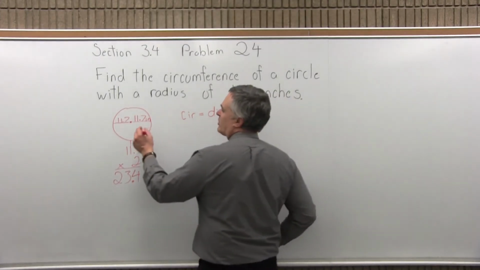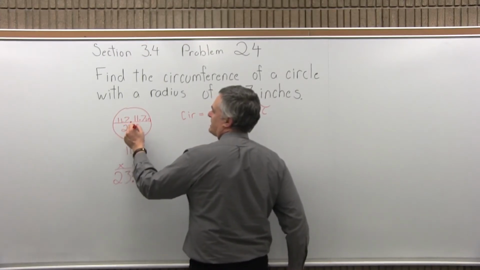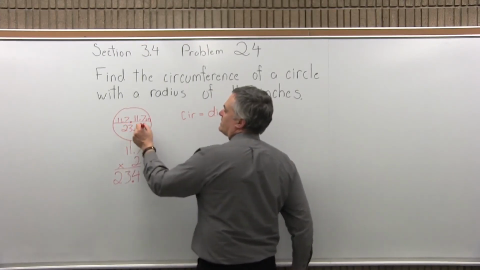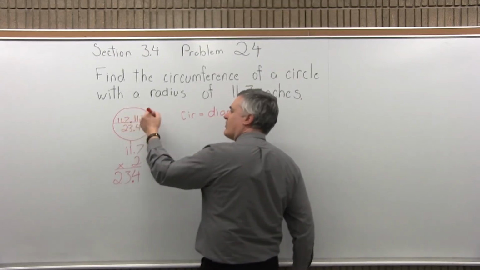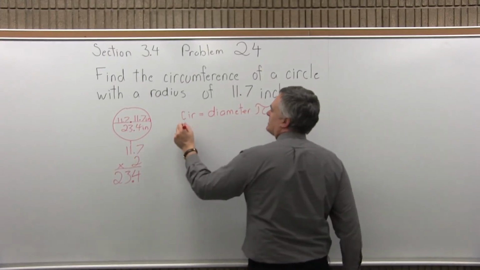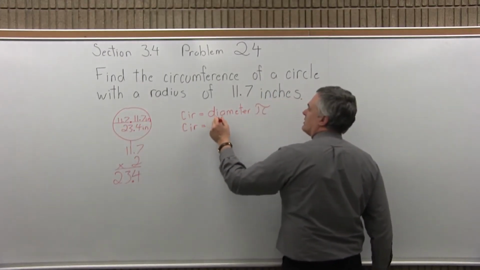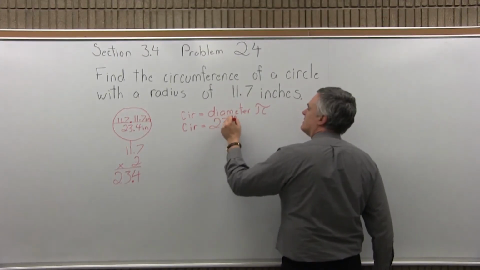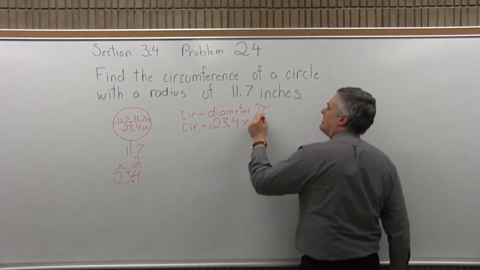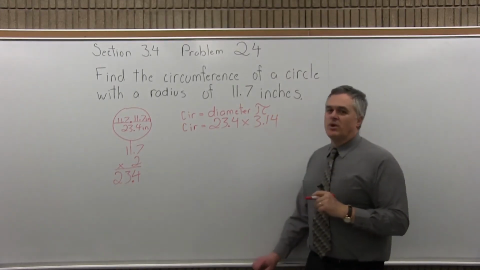So the diameter, or distance all the way across the circle through the center, is 23.4 inches, if the distance halfway is 11.7. So the circumference, being the diameter times pi, will be the diameter, 23.4 inches, times pi. And again, for pi, we can put 3.14.